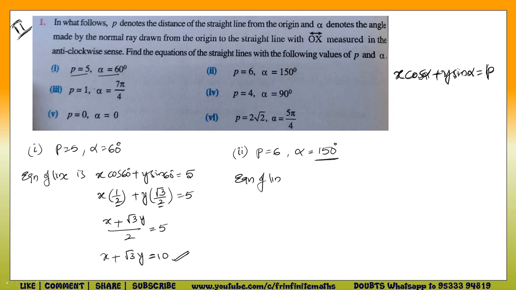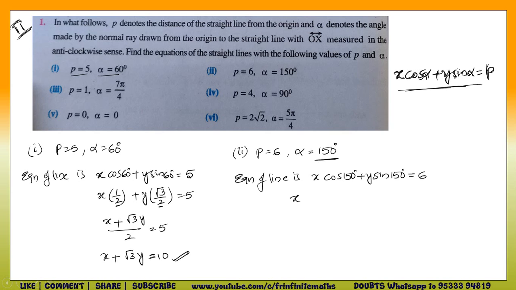Already we know the line equation: x cos 150 degrees plus y sin 150 degrees is equal to P, and P is equal to 6. So we are making use of this formula, right? x cos 150 degrees plus y sin 150 degrees is equal to 6.